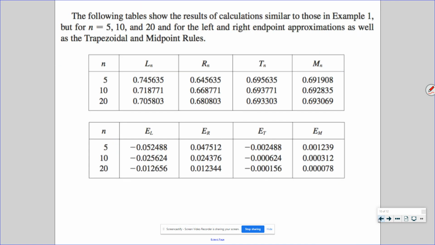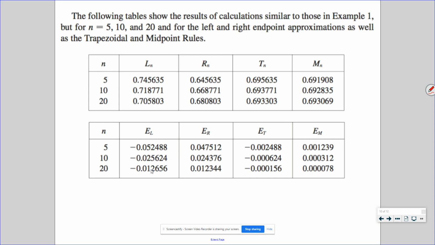Okay, a couple other things about error, and then we are done. So it says in this table, it shows the results of calculations similar to those that we just did for 5, 10, and 20 rectangles. And it shows left endpoint, right endpoint, trapezoidal, and midpoint rules. So you'll see that the left endpoint and the right endpoint error margins are more significant.